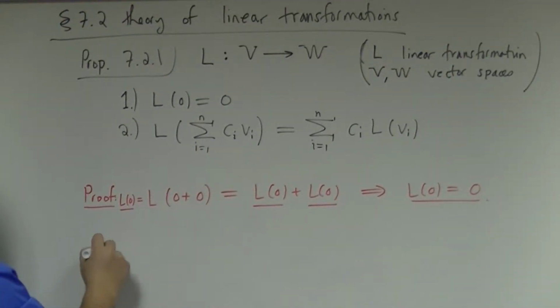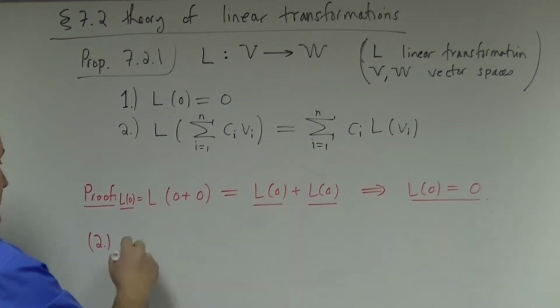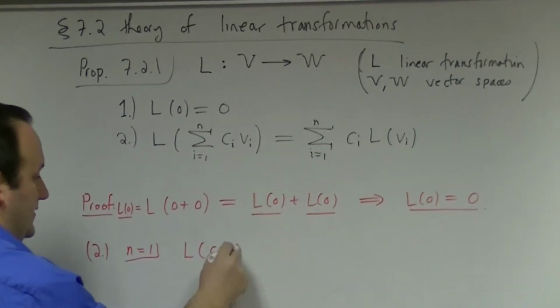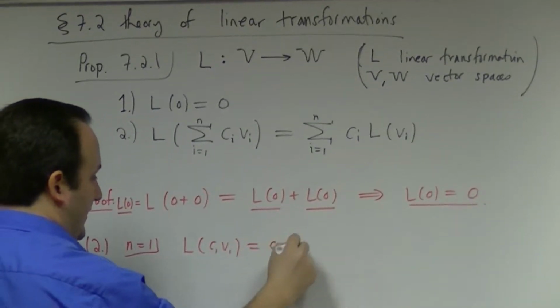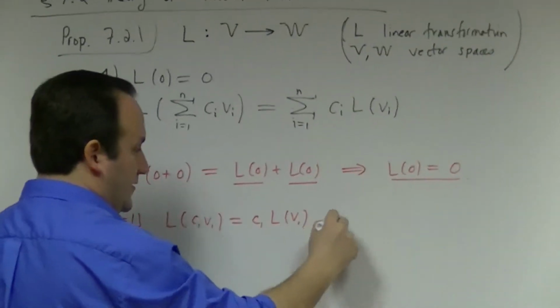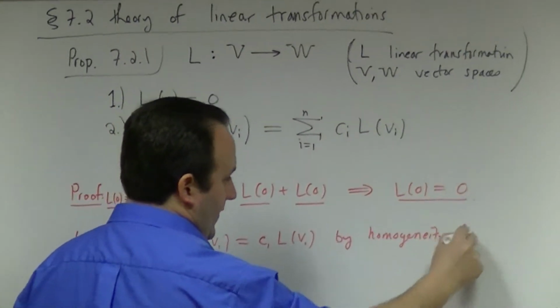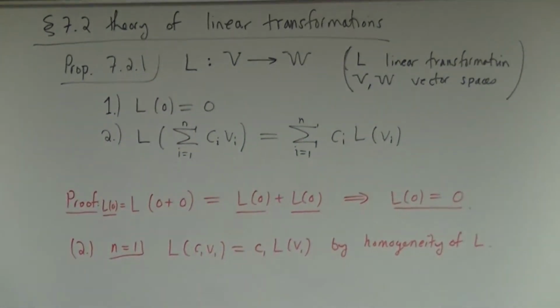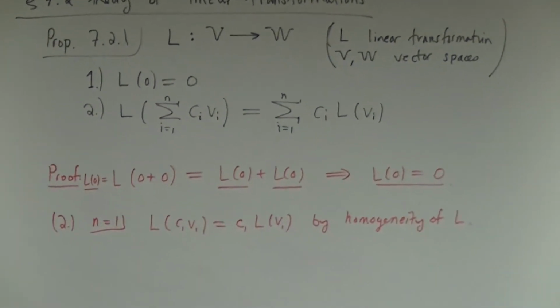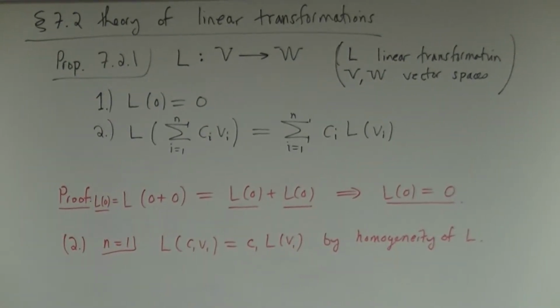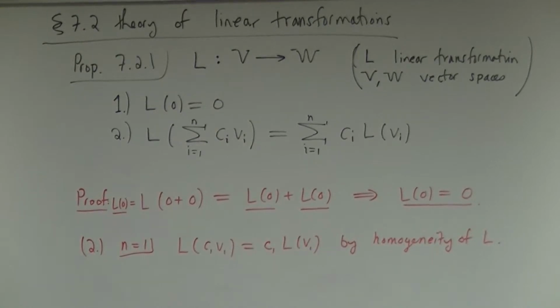Proof 2. First of all, n equals 1. We have L of C1 V1, and that's equal to C1 L of V1 by homogeneity of L. I'm trying to prove something for natural number n.